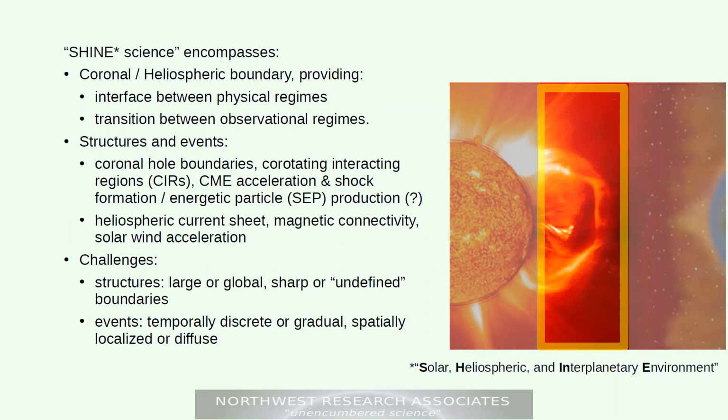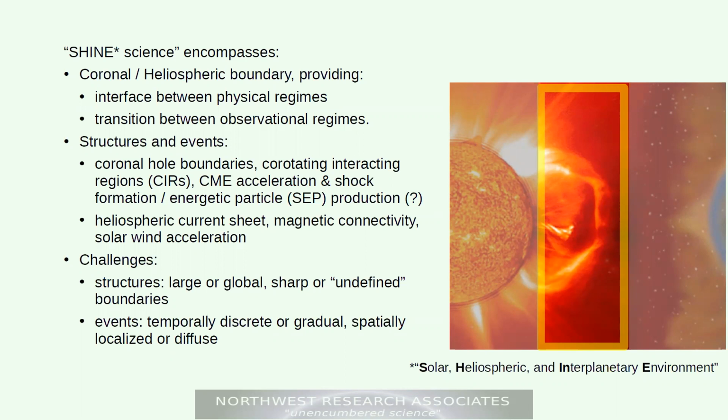The structures and events in that boundary area are coronal hole boundaries, co-rotating interaction regions, acceleration of coronal mass ejections, where they really start to impact the heliosphere, the heliospheric current sheet, where is it, how sharp is it, which direction is it going, and also, of course, solar wind acceleration.